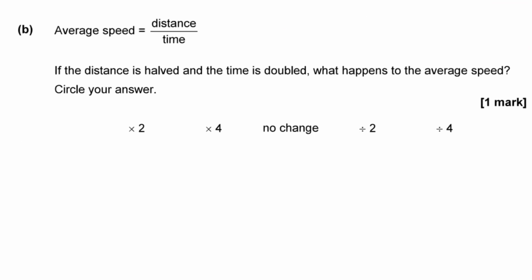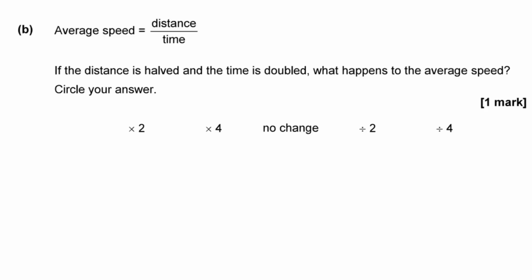Okay, in part B, we're given that average speed is equal to distance divided by time. If the distance is halved and the time is doubled, what happens to the average speed? Well, let's do the same trick as before.